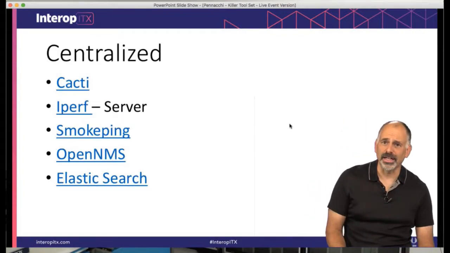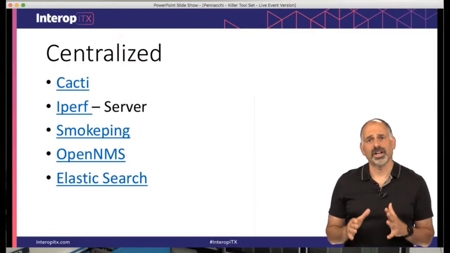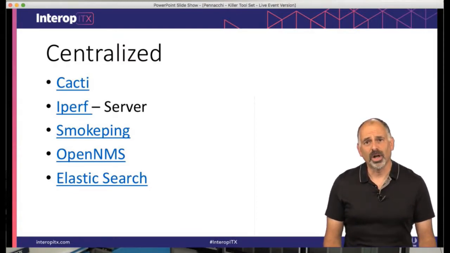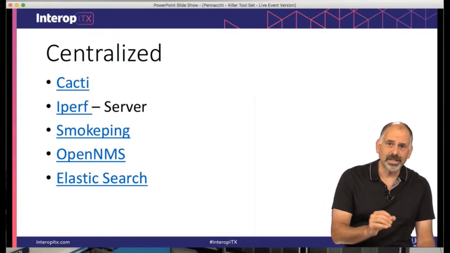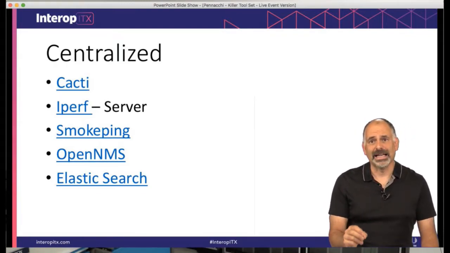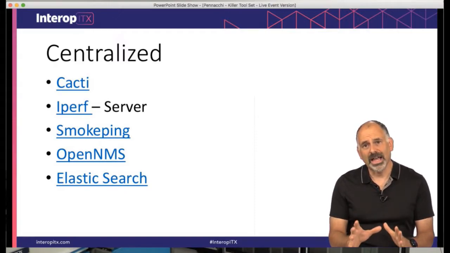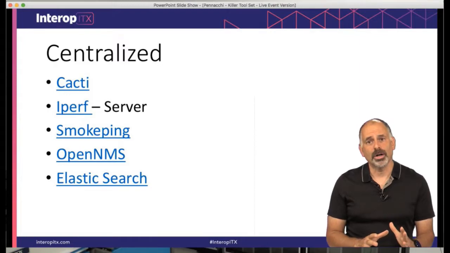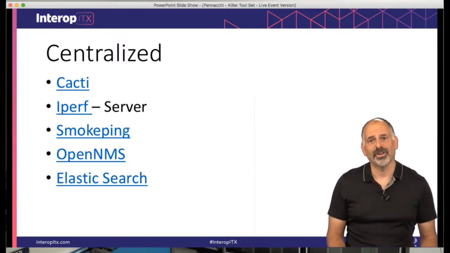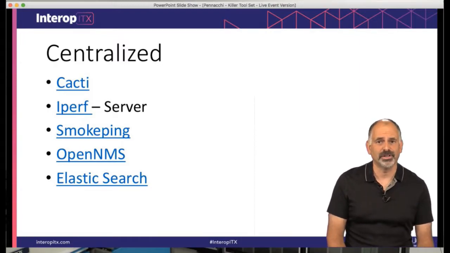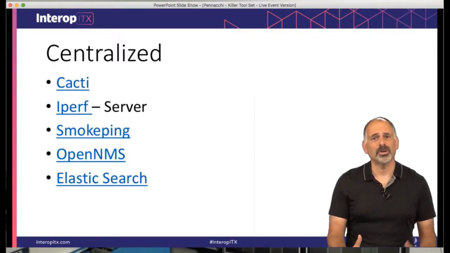So on Centralized, these are going to be the tools that I want to have in place running over a long period of time. So for this, we're going to take a look at Cacti. So Cacti is an SNMP reporting tool. Cacti is going to allow us to go in and monitor SNMP devices over an extended period of time. This is going to be our routers, our switches.